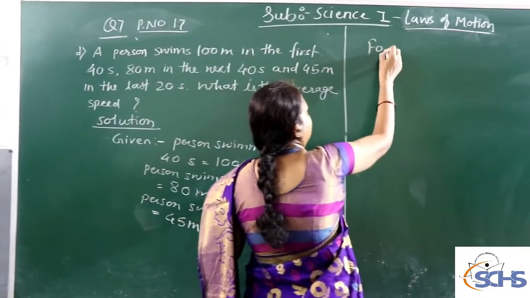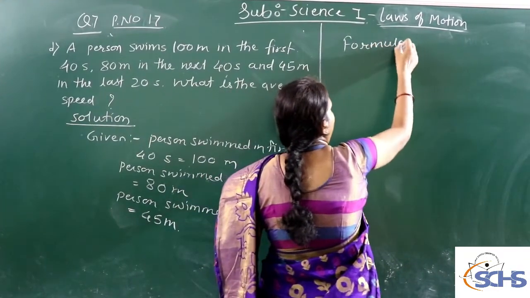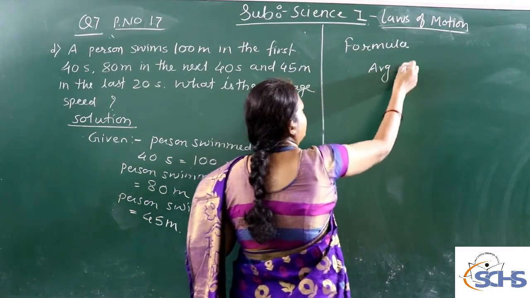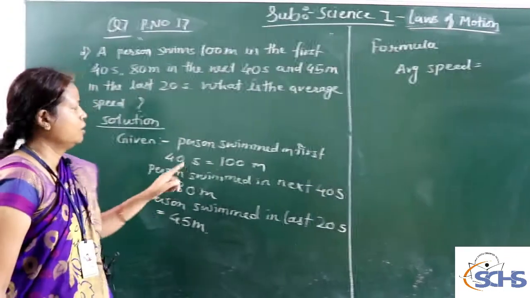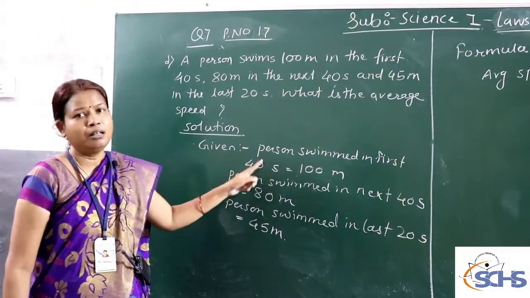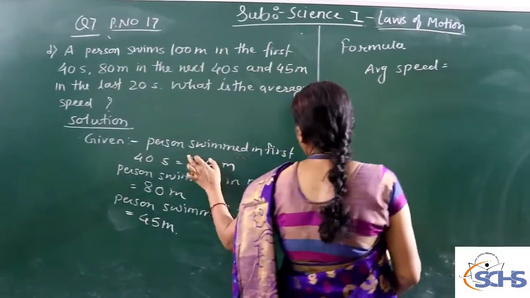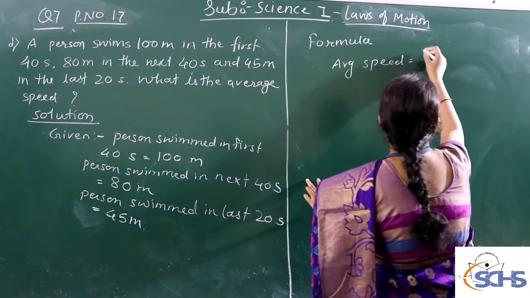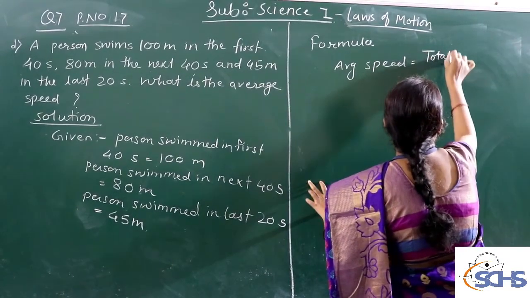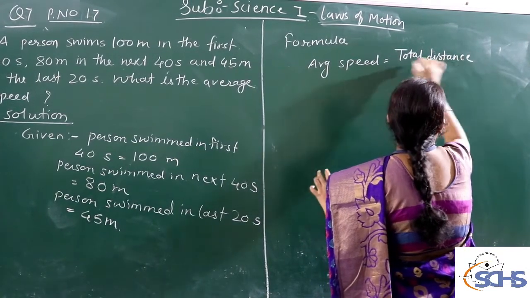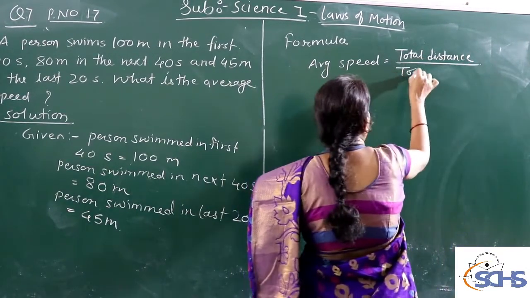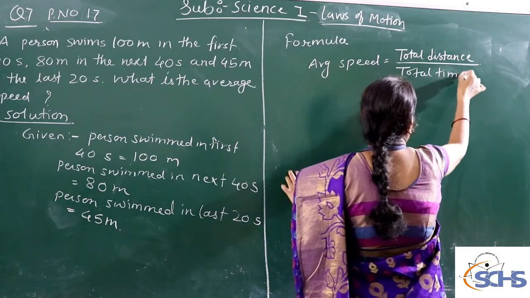What is the formula? Formula for average speed is equal to total distance upon total time.